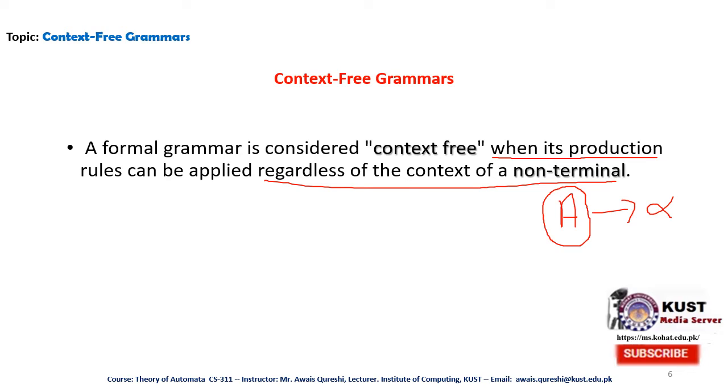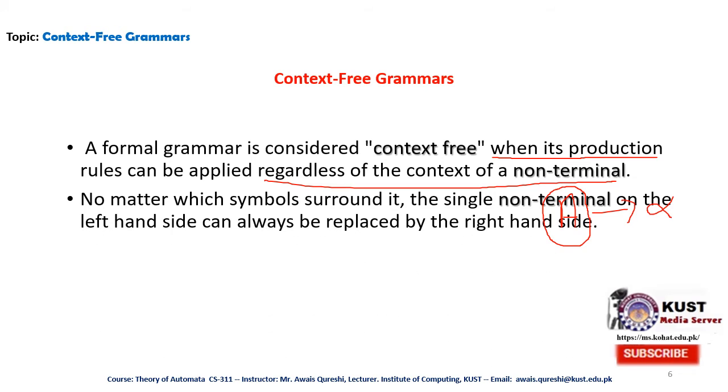This means that when we are generating strings, we are not neglecting this part, but we are using it somewhere else in the production of the strings. So that's why it is called context free. No matter which symbols surround it, the single non-terminal on the left hand side can always be replaced by the right hand side.